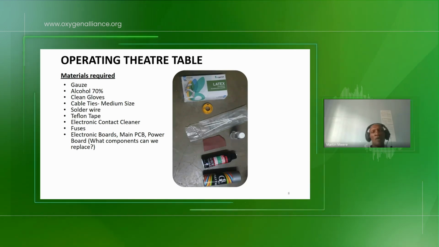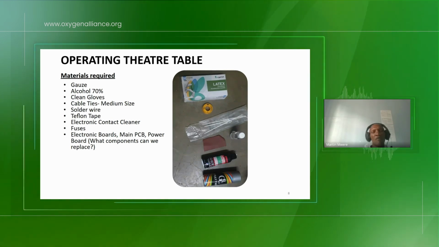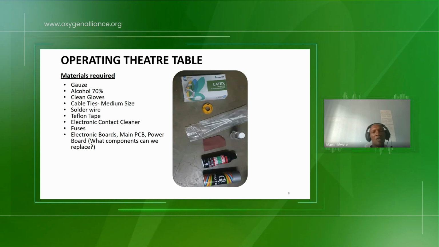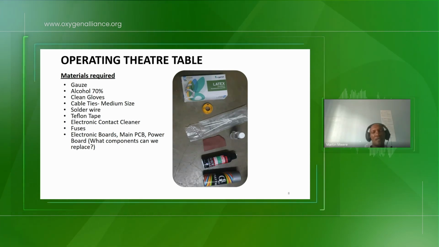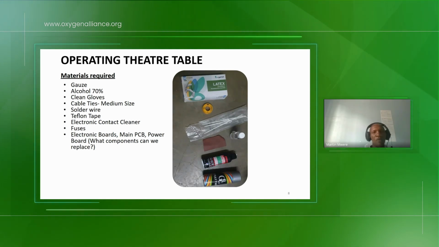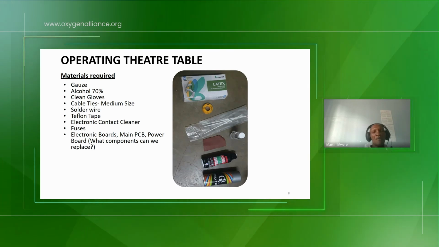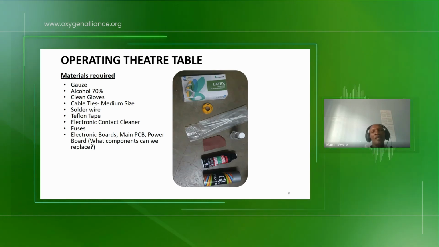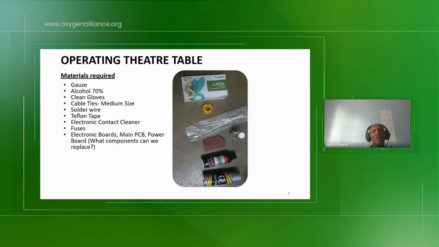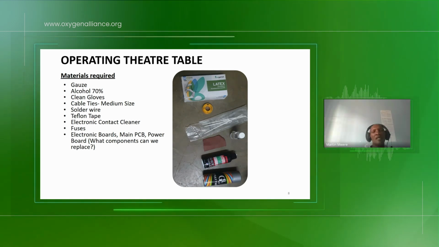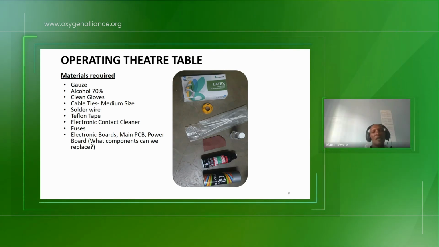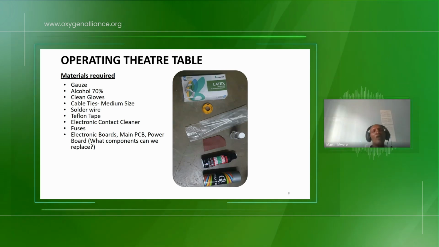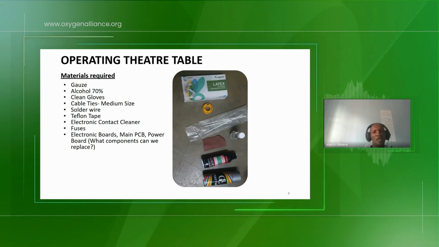When you are using the gauze, you need to use 70% alcohol to disinfect that operating theater table. At the same time, you must put on clean gloves. After the clean gloves, you cut the gauze into small pieces using the scissors. And then you apply the 70% alcohol, and you disinfect the whole chair.